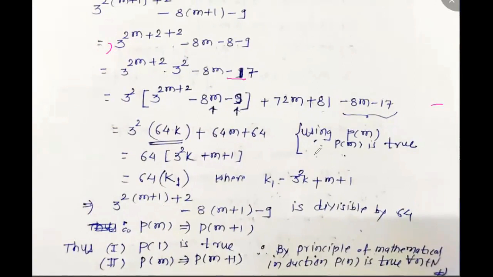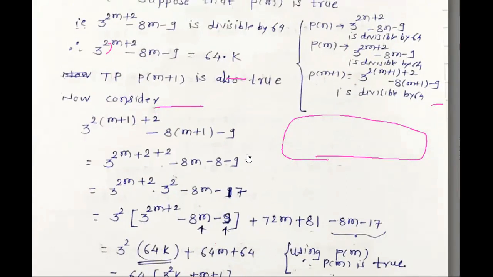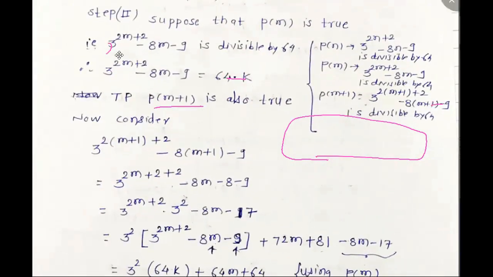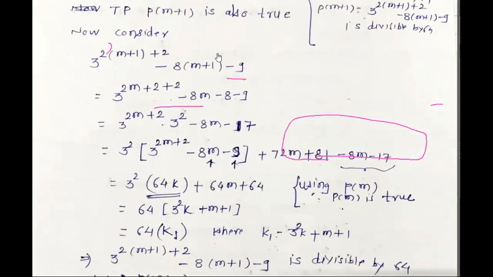Since P of m is true, that is, the given statement is true for n equal to m, this number 3 raised to twice m plus 2 minus 8m minus 9 is divisible by 64. So this number equals 64 into k.